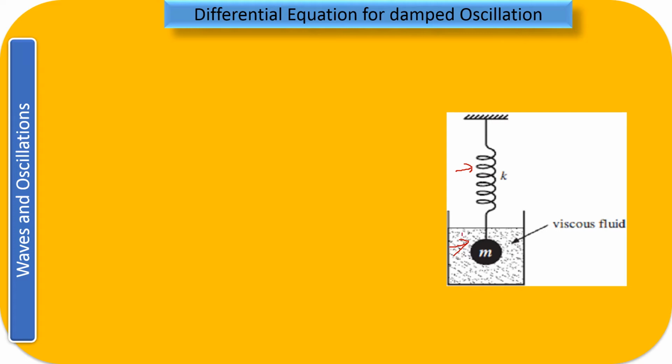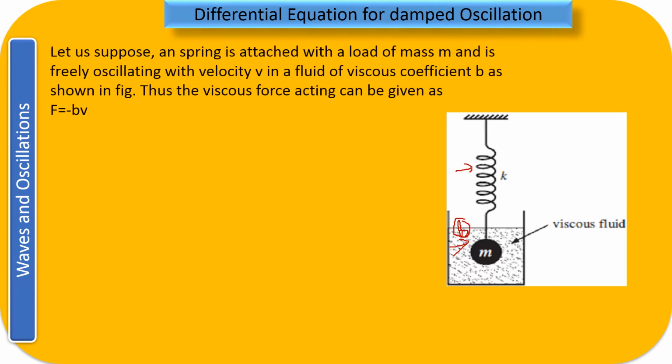Let us suppose the viscous coefficient or proportionality constant is B, because the viscous force F is directly proportional to the velocity. So F is directly proportional to V, and the proportionality constant I am calling B, right? So B will be your proportionality constant. Under this concept I am going to derive this equation.